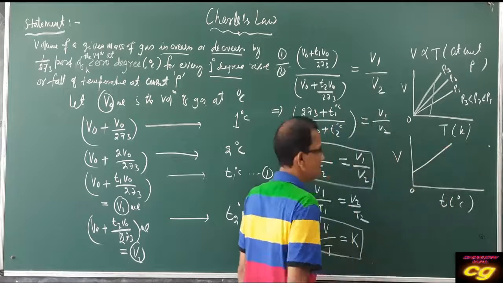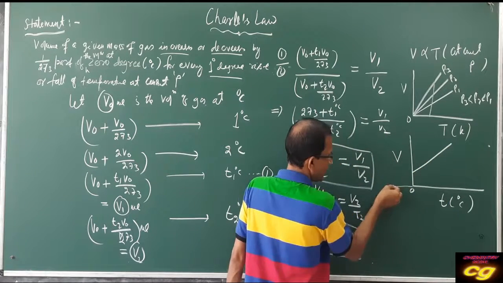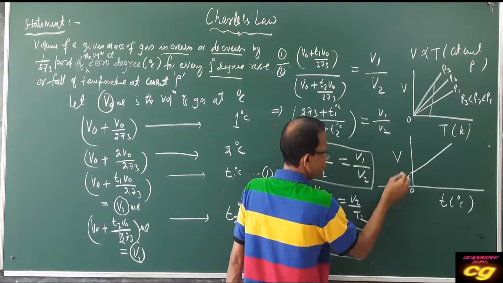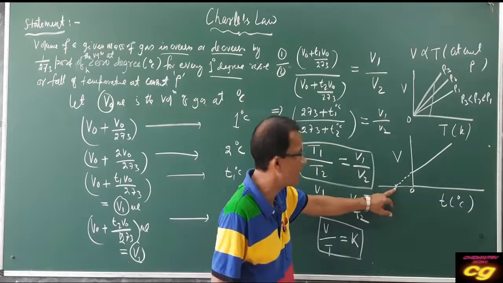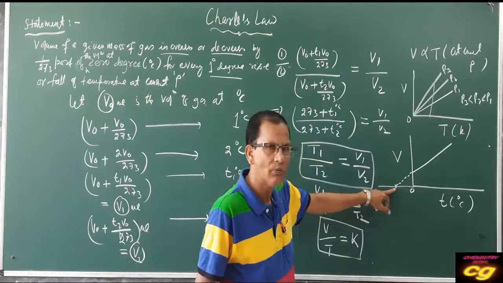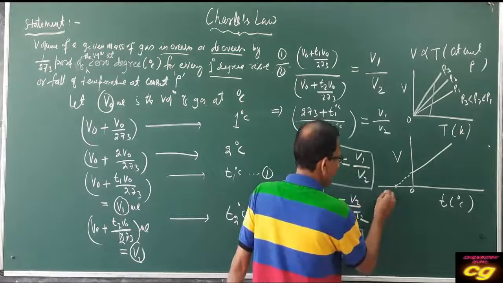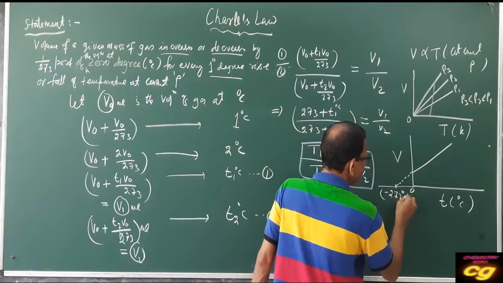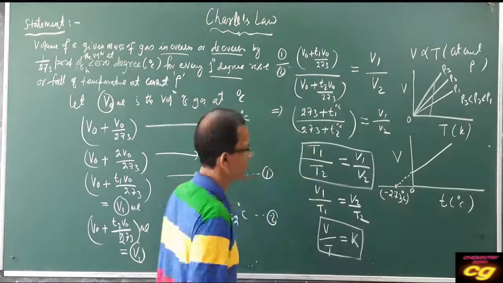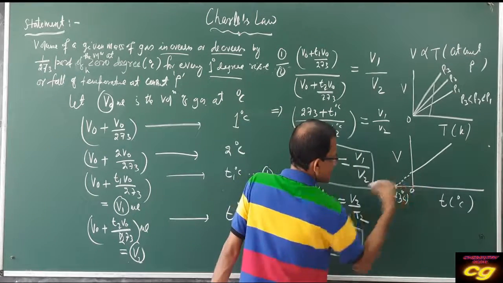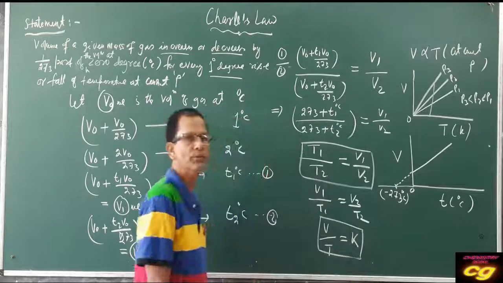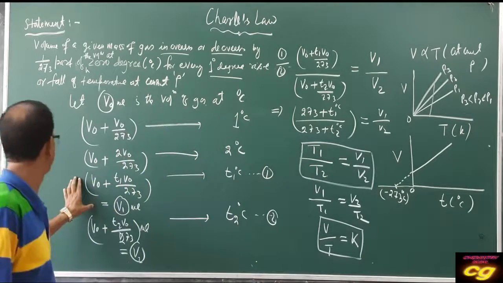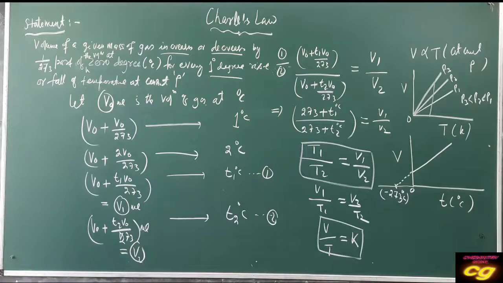If you extrapolate the graph, it will reach a particular point. At this point the volume is 0, but what is the temperature? The temperature is minus 273 degrees Celsius. This is the temperature at which the volume of the gas is 0.